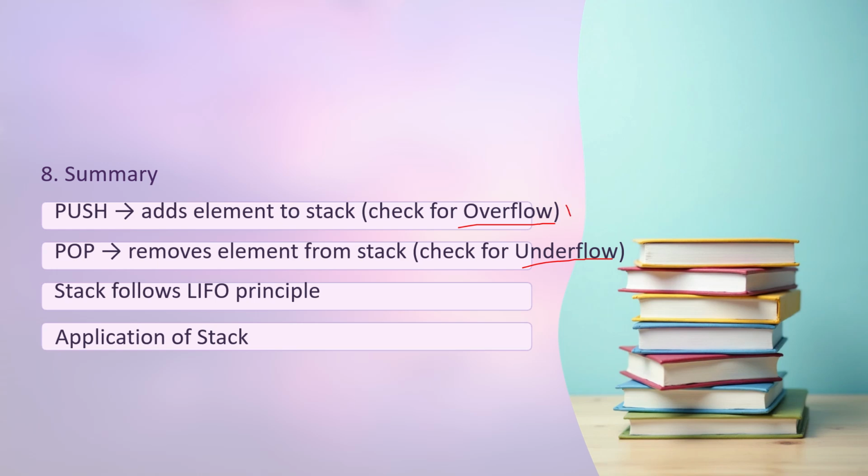Overflow means the stack is full, underflow means the stack is empty. And the stack follows the principle of last in, first out strategy. We have also seen the real-time applications of the stack in the presentation.